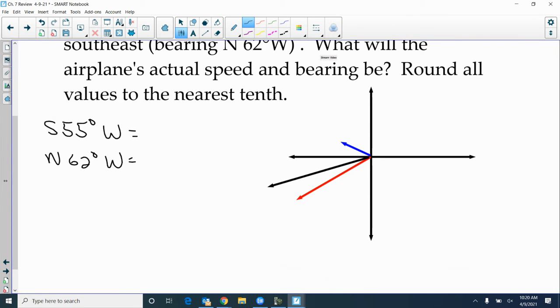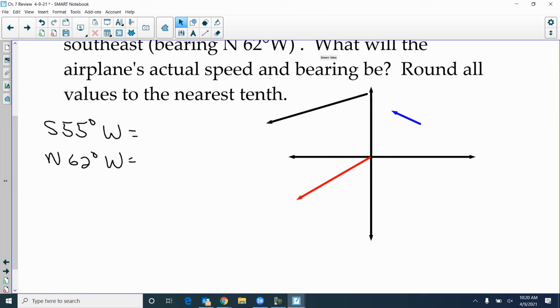All right, so let me move this vector out of here first. For the first one here, this is 55 degrees because of bearing, how that works. But what's the direction off of the x-axis, like your unit circle, like is it 150 degrees or 300 degrees or 330?